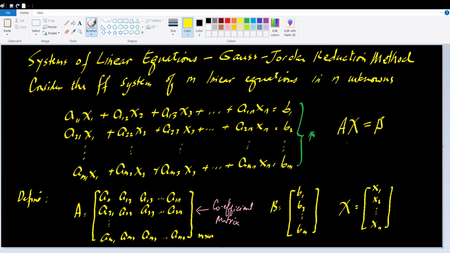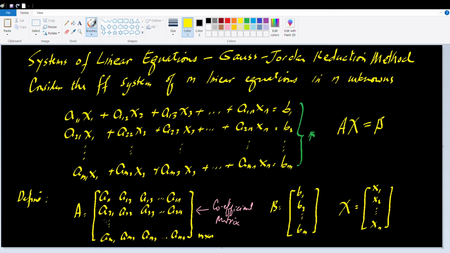Alright, so let us check. First row of A, a11, a12 up to a1n, multiplied to the only column of X, x1, x2 up to xn. Multiplying the first row of A to the only column of X will yield the expression at the left of the first linear equation, and that is equal to b sub 1.